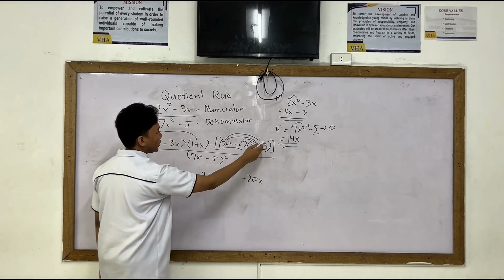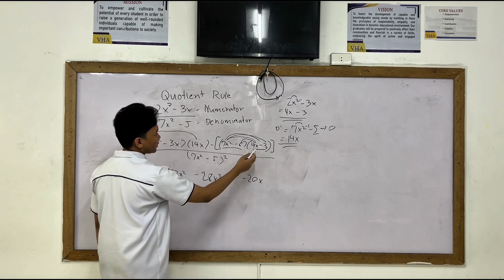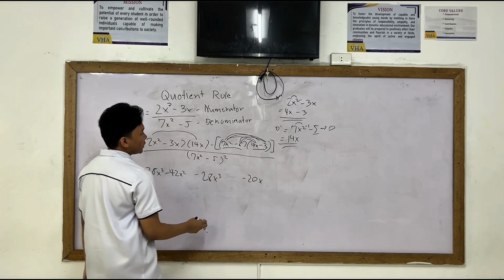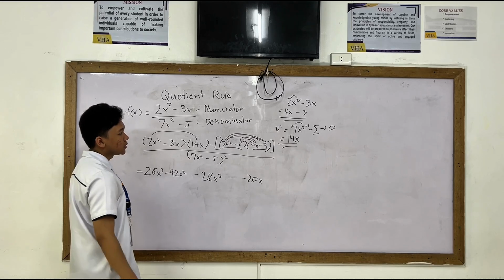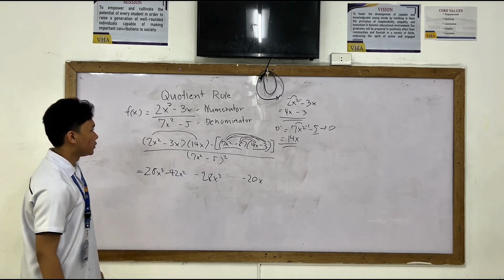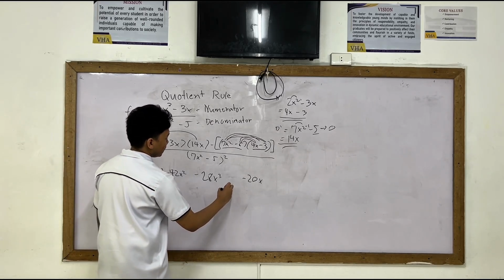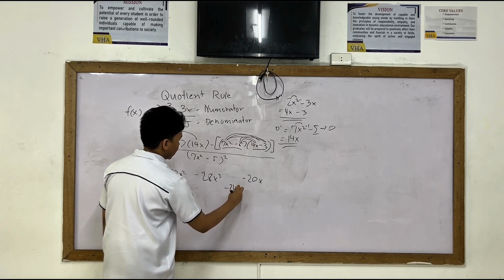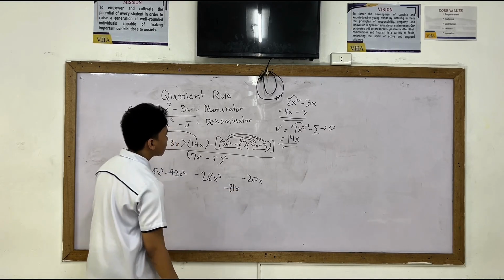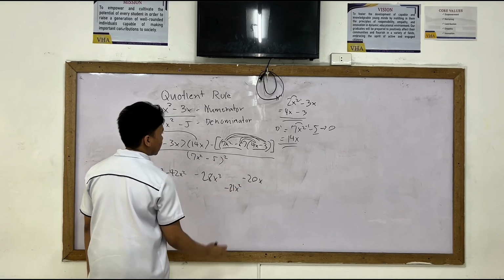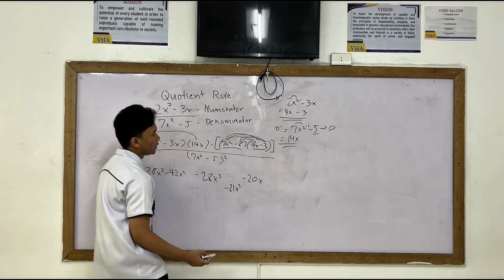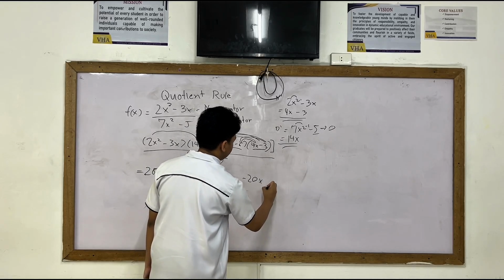Now we multiply negative 3 by 7x² and negative 5. Negative 3 times 7x² will be negative 21x² and negative 3 times negative 5 will be positive 15.